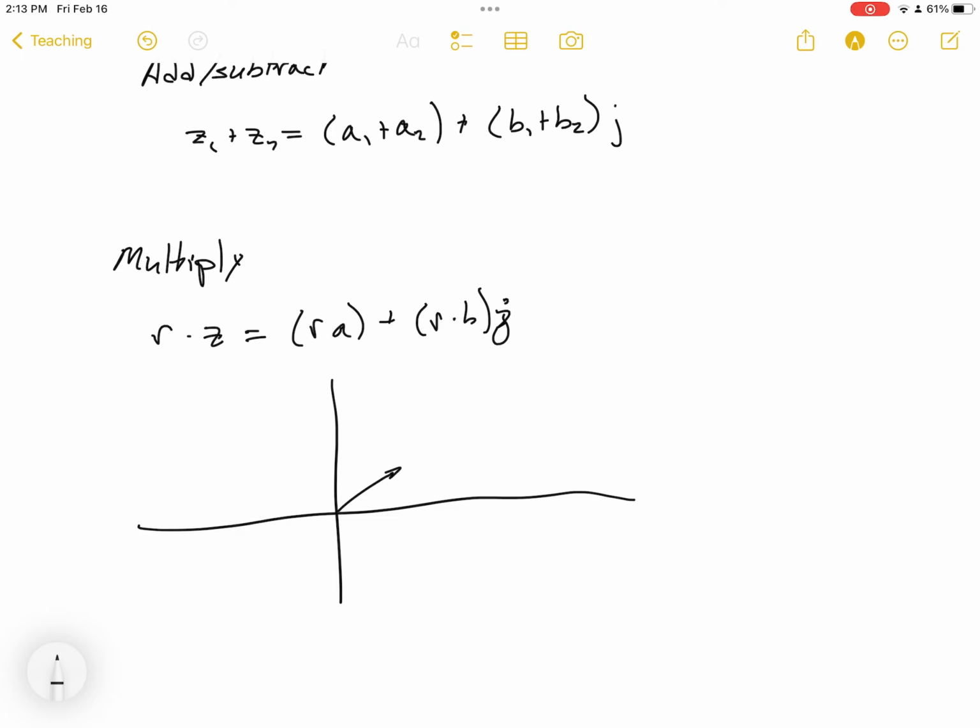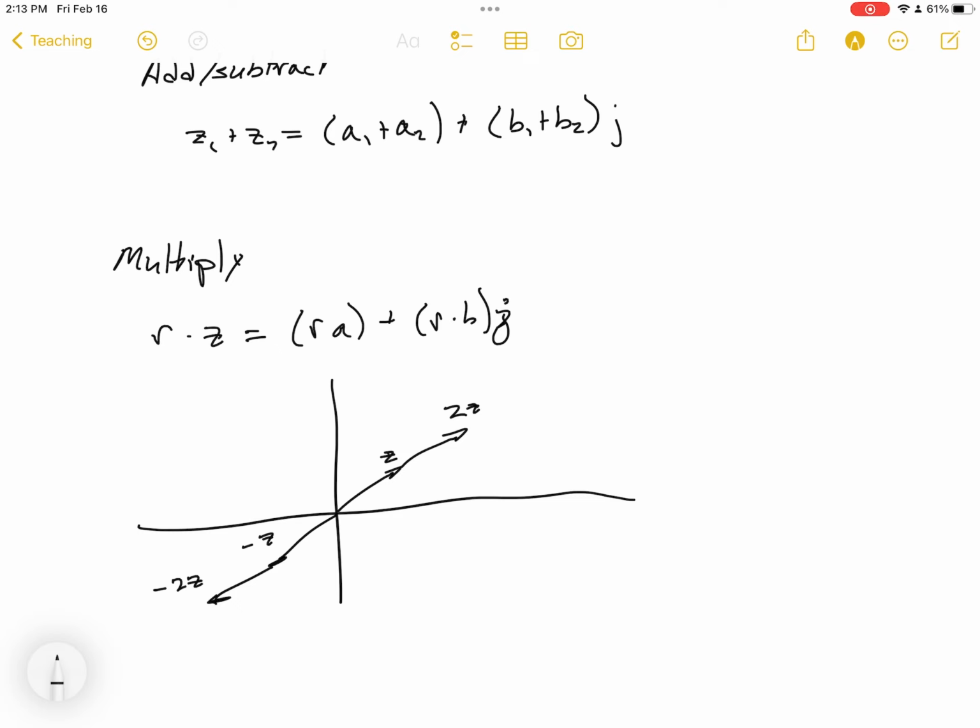So if z is right here, then 2z is going to be over there. Similarly, minus z is over here, and minus 2z is over there. You're moving along a straight line.